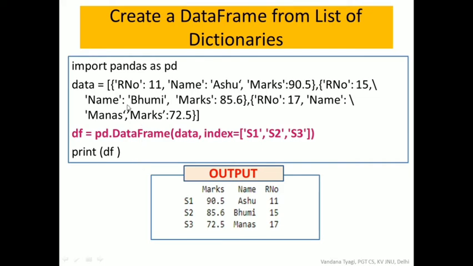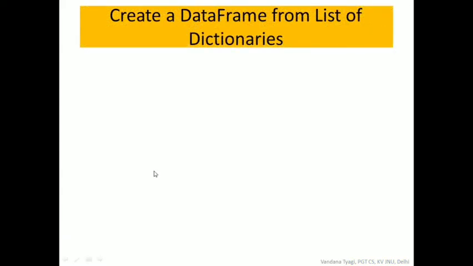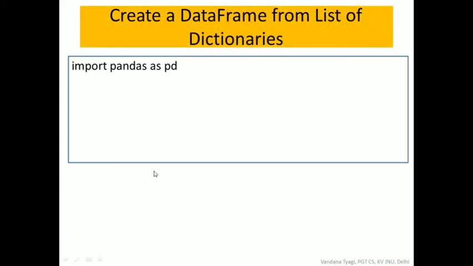Now if you look again, the keys of the dictionary, roll number, name and marks, take the place of the column headings, and the index we specify by the index parameter, s1, s2, s3, are my row indexes now. So we can easily create the row and column indexes by using the columns and index parameters, and if we use a dictionary, then automatically the keys are used as the column headings.